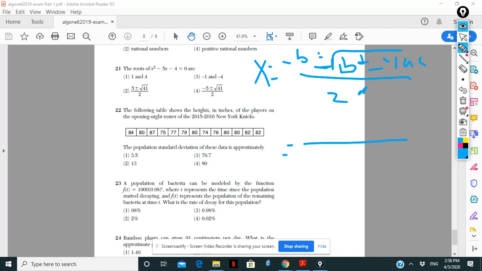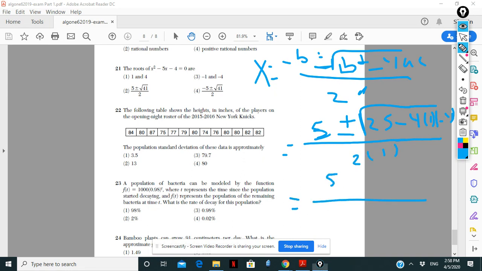The b value is negative 5, so negative negative 5 is 5, plus or minus the square root of negative 5 squared, which is 25, minus 4 times 1 times negative 4, over 2 times 1. And that's going to be 5 plus or minus the square root of 41, over 2. So the answer is going to be 2.